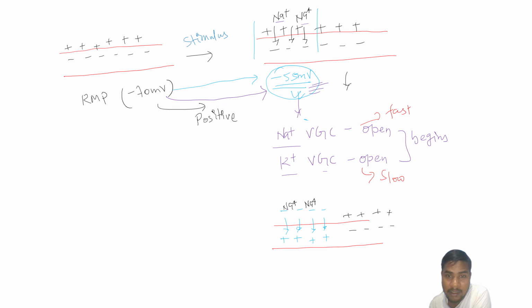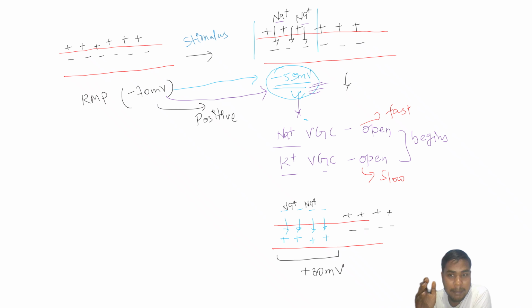It is not due to the potassium ion channel. At this stage the membrane potential changes from minus 70 to minus 55, and now the inside becomes positive, and the membrane potential reaches plus 30 millivolts.